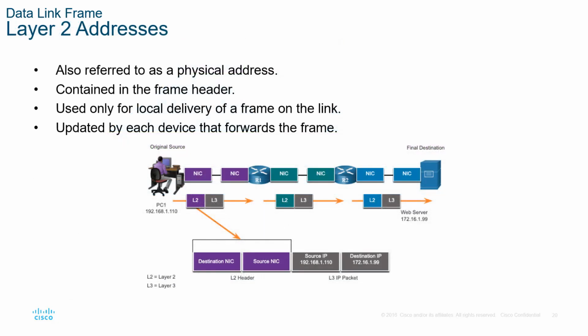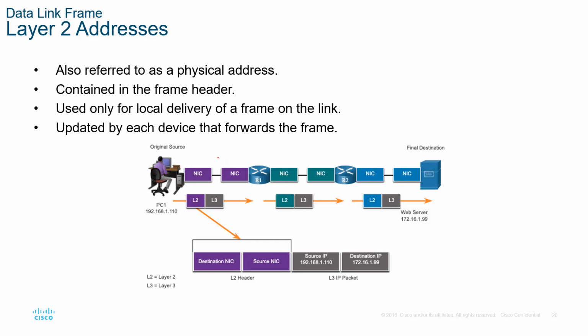Here is an example of a 2-hop network and how the layer 2 addressing works. This is actually one of the most important slides on data links, because I want you guys to notice that it's color-coded. As we are sending data between our device and a web server, notice the NIC is colored purple.